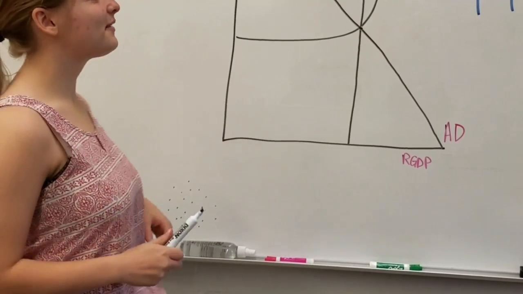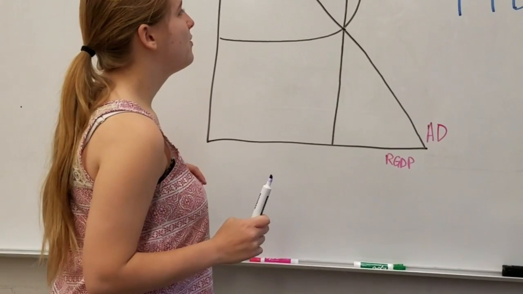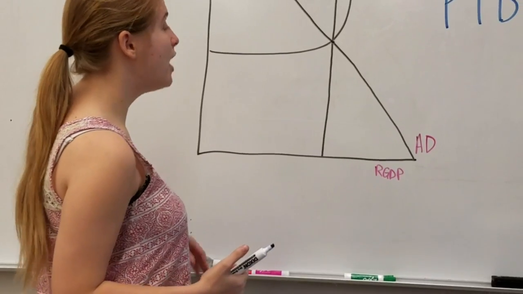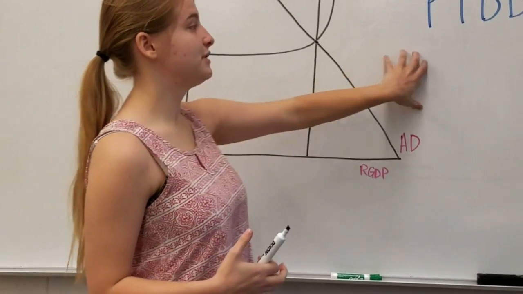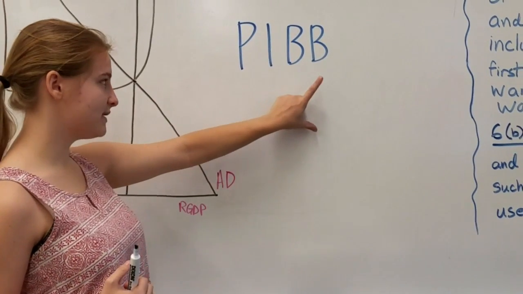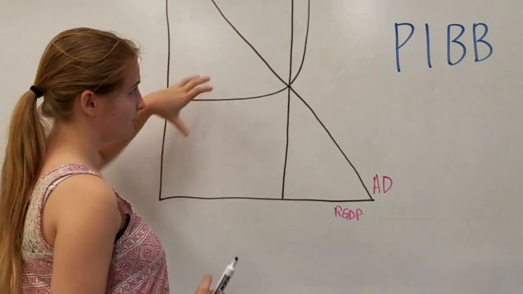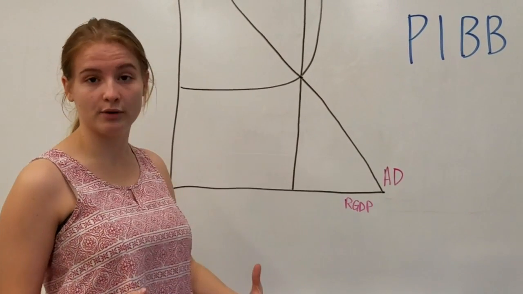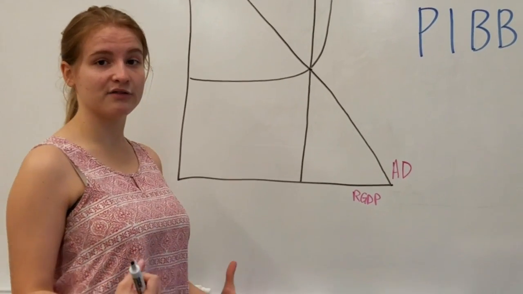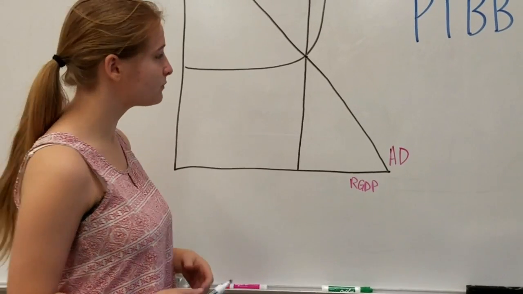All right, here we have the AD-AS model, and we are given a situation that says oil prices go up. And we know that because of the acronym PIBB, production, input prices, business taxes, and business regulations, all of those things affect SRAS. And oil prices are an input that companies would use. And because the oil prices are going up, they can afford to buy less oil, which means they can afford to produce less goods.